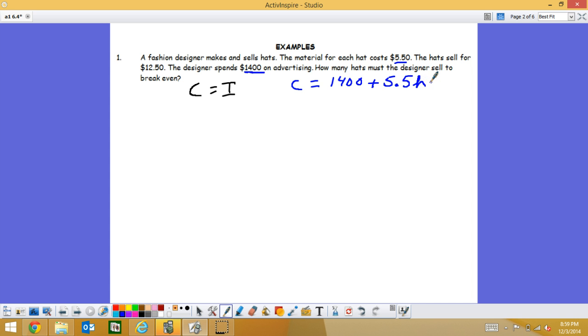So the total cost for making all these hats is $1,400 plus 5.5 times the number of hats that are made, because that's the cost per hat.